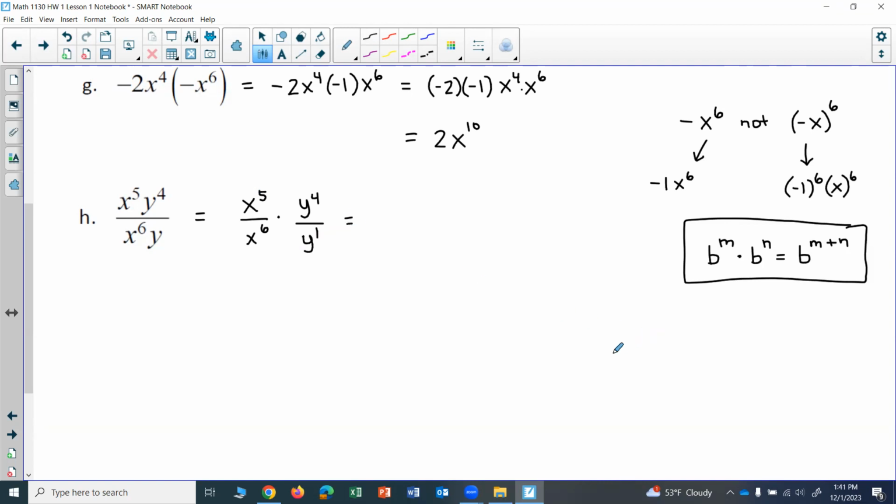So I'm going to use the rule here that if I have b to the m divided by b to the n, that's equal to b to the m minus n.